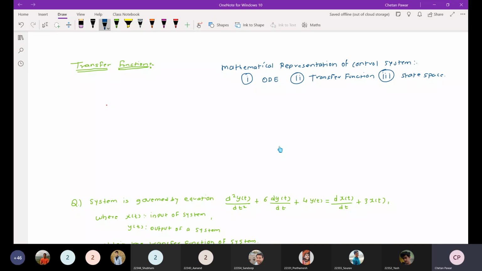As the mathematical analysis becomes difficult in this domain, we use the Laplace transform to convert it into the Laplace domain, so that those ordinary differential equations can be converted into simple algebraic equations.